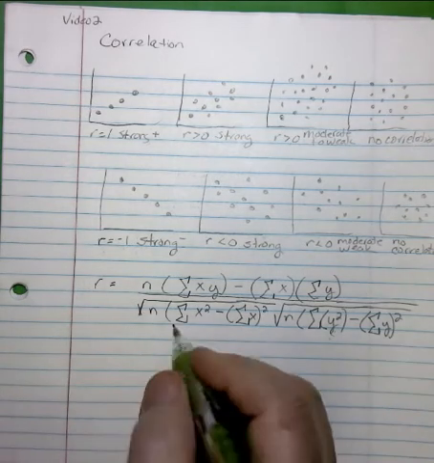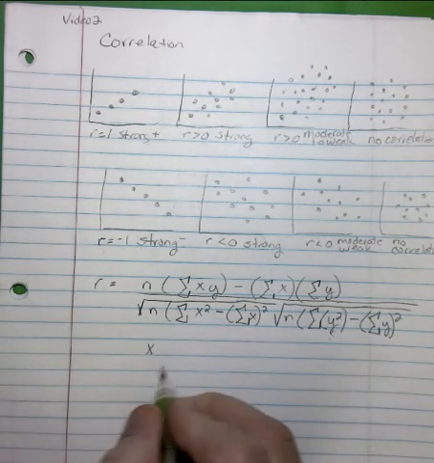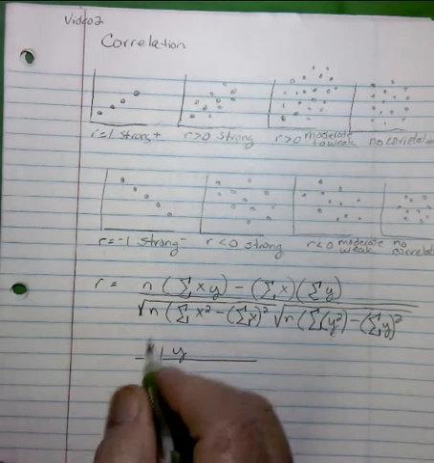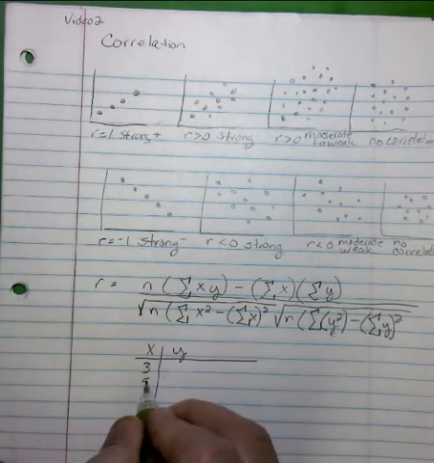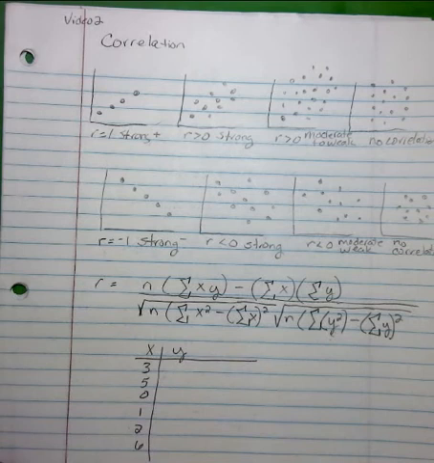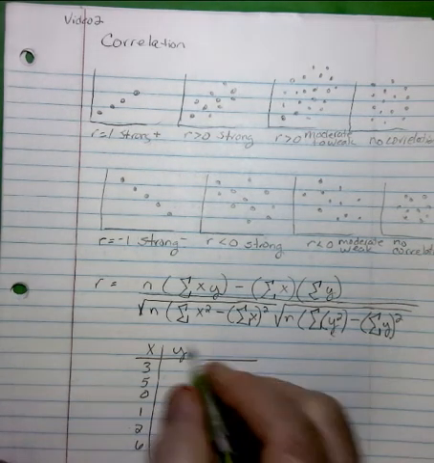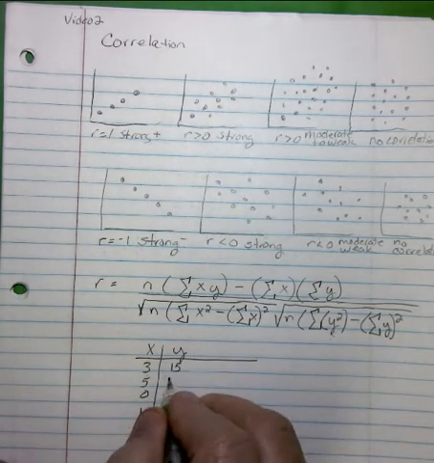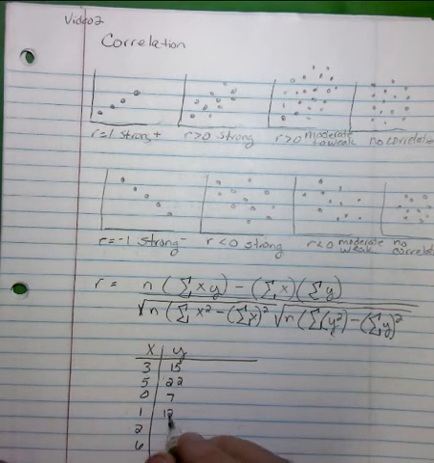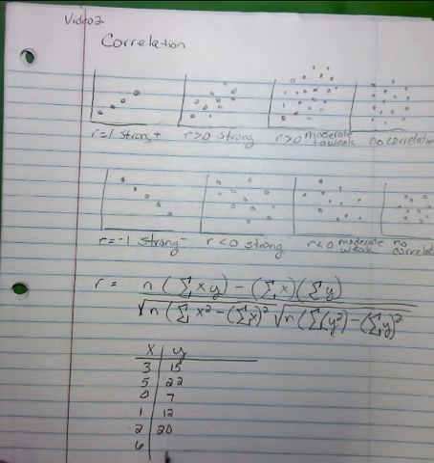We had x being 3, 5, 0, 1, 2, and 6. We had done this in a previous video, and y was 5, 22, 7, 12, 20, and 30.